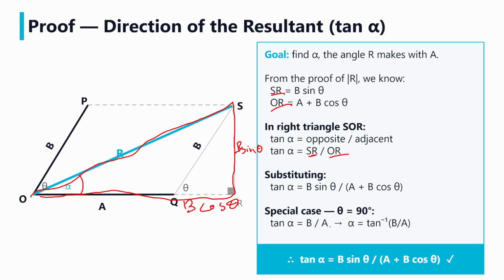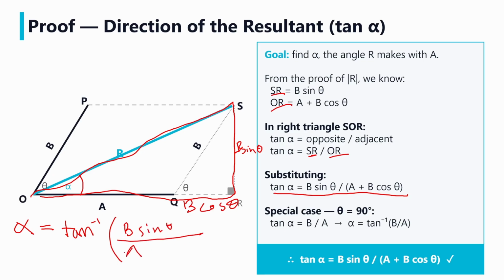So basically, tan alpha is b sine theta over a plus b cosine theta. So to take tan inverse on both sides, alpha becomes the tan inverse of b sine theta over a plus b cosine theta, right?